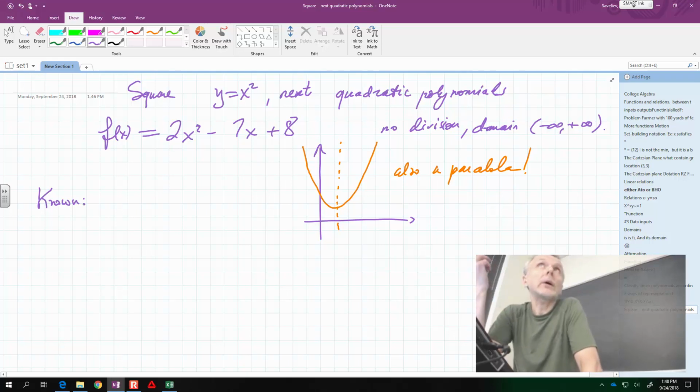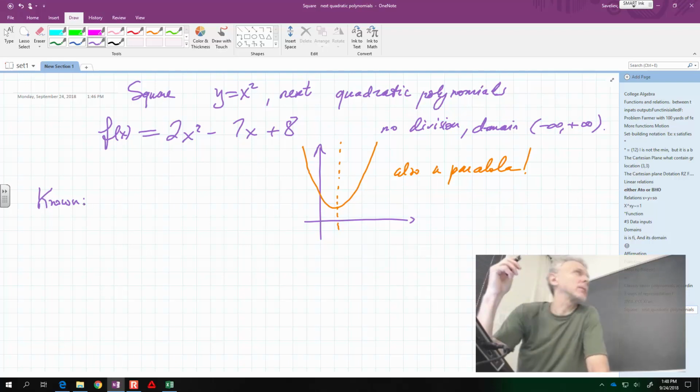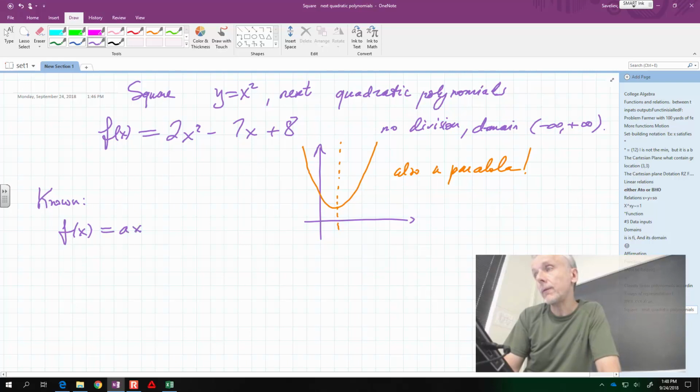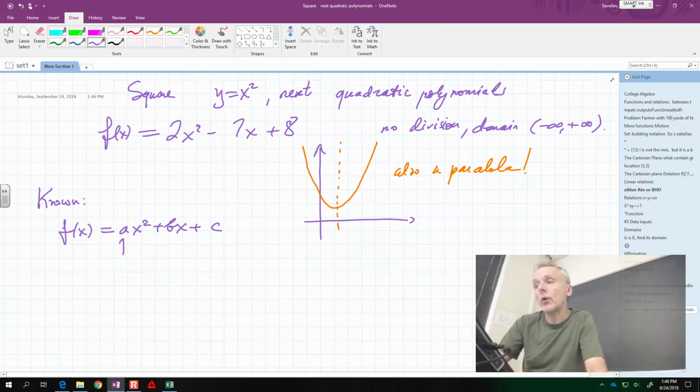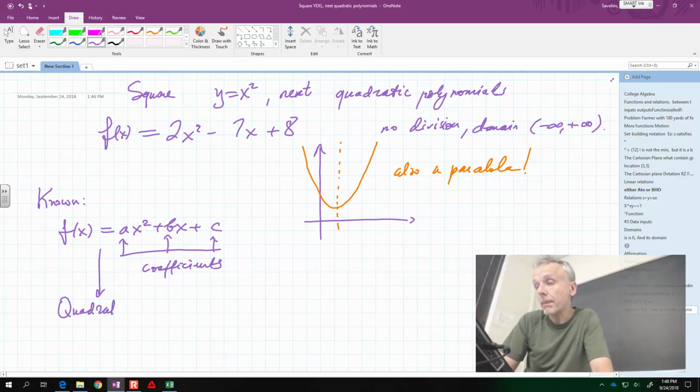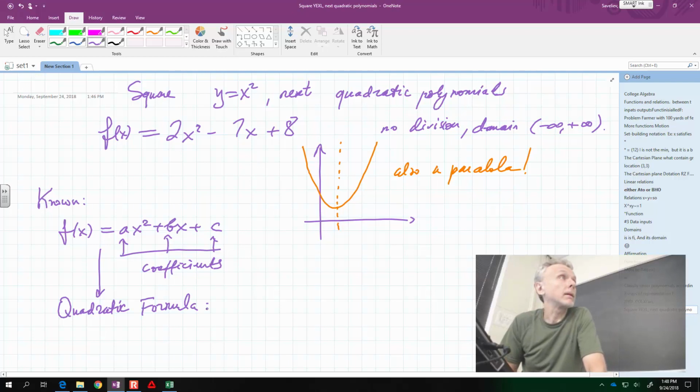What first comes to mind about quadratic equations? Yes, f of x. This is the general form of a quadratic polynomial, with three specified or unspecified coefficients. But then you make a next step. Remember the quadratic formula?